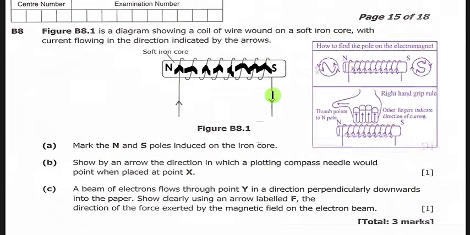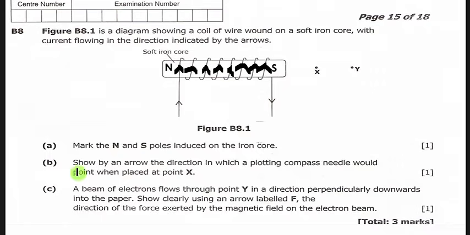Now question B says show by an arrow the direction in which a plotting compass needle would point when placed at point X. So we have these two points, X and Y. If you get a compass and place it at point X, in which direction will the arrow of the compass face?